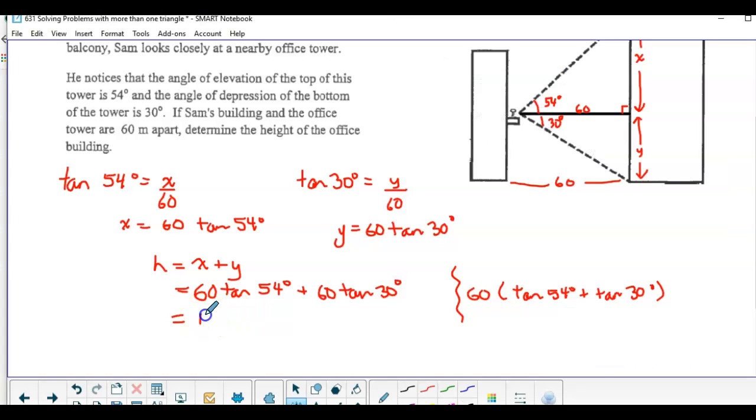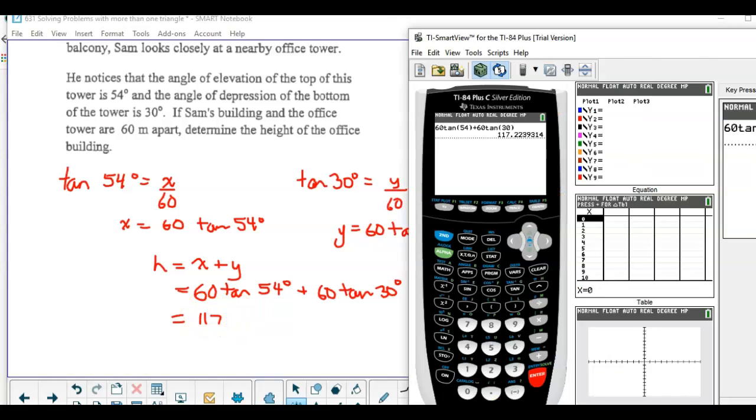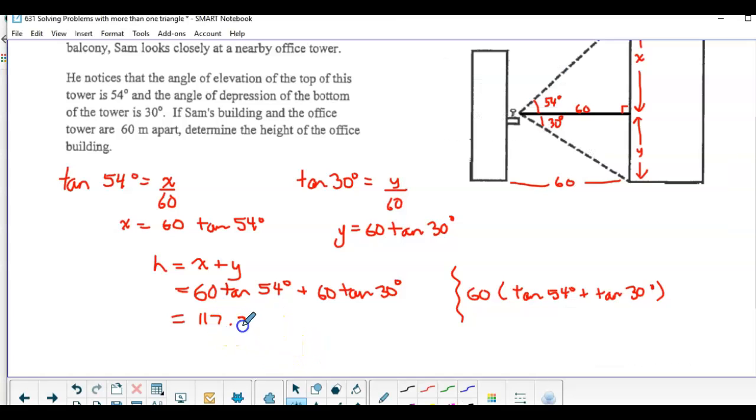Okay, and that's 117.224. And it doesn't say what to round to, so we'll go to the nearest tenth, 117.2, and that would be meters.